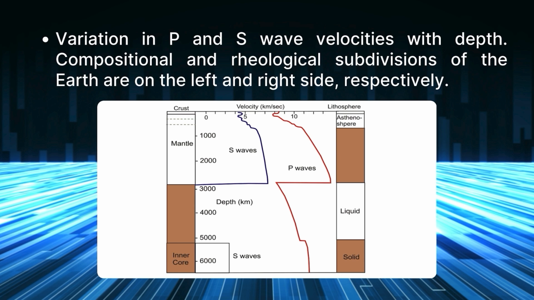S waves also increase in velocity, and suddenly the velocity is truncated here. The S waves, as I said earlier also, they cannot move in the outer core, as it is a liquid material.